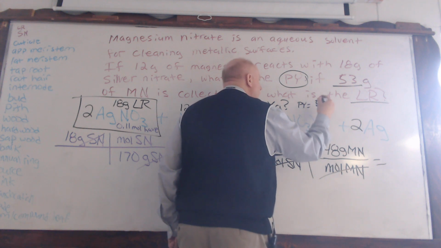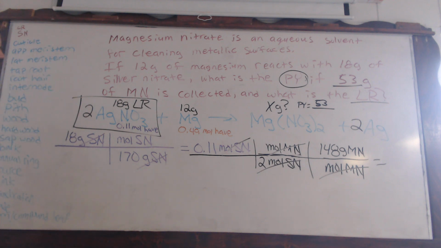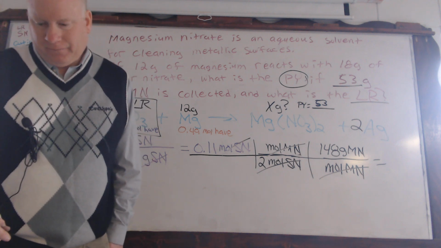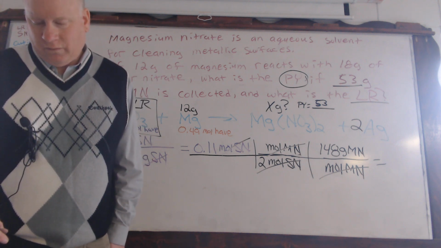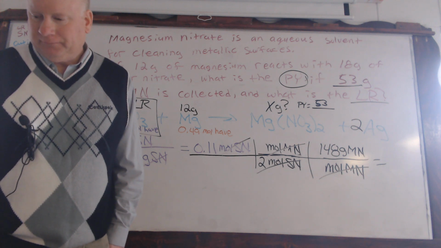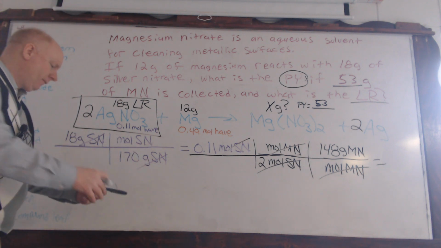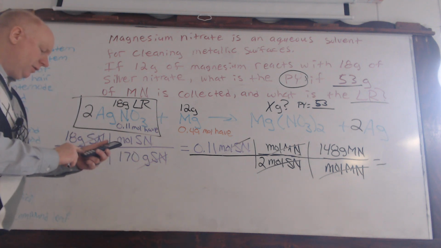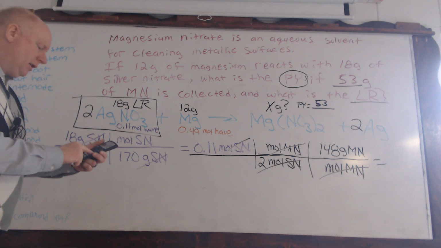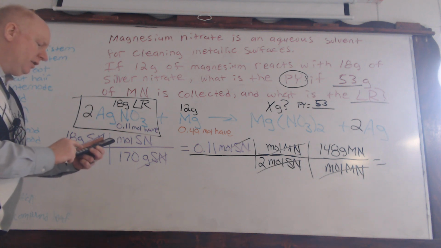That's a 53, by the way. So now, when you multiply this out, you got 100, you got 11, so it should be close to 16, 15.78. 0.11 times 148 equals 16.28.